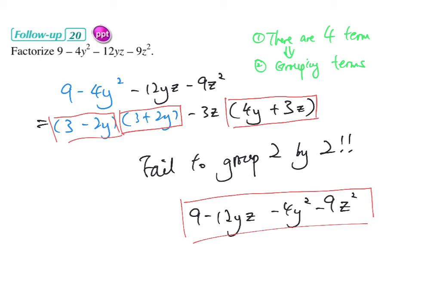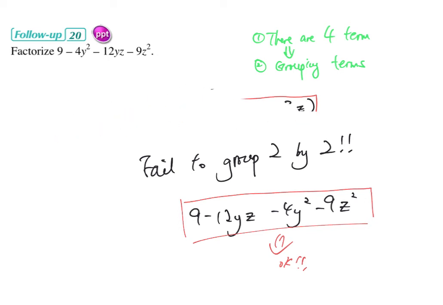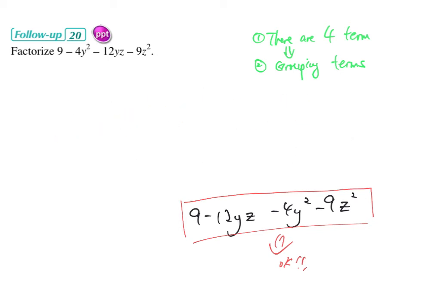If 2 by 2 cannot be used, then we may try to use 1 by 3. So how to do it? You may try this. You may be able to factorize.